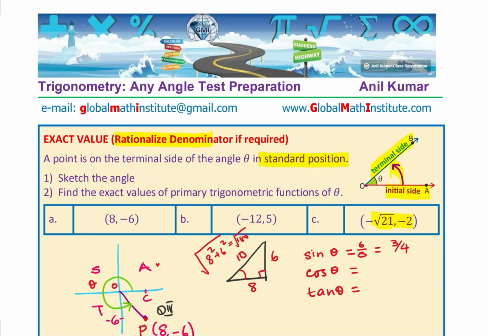Sorry, 3/5, right? So I wrote 6/10, 3/5. Now, cosine is 8/10. Dividing by 2, we get 4/5. And tangent is 6/8. Dividing by 2, we get 3/4. So those are the ratios.